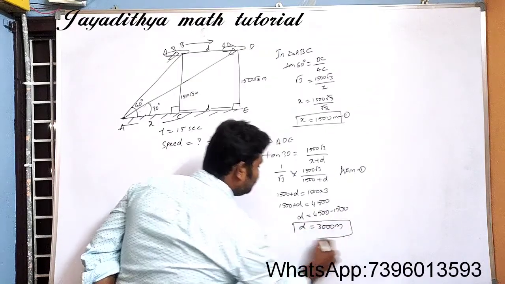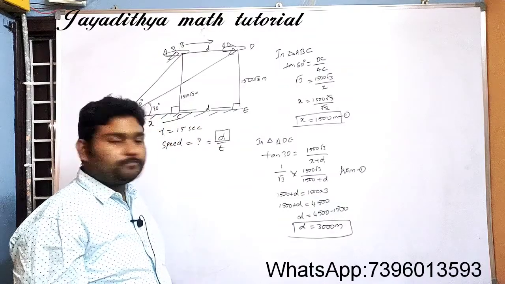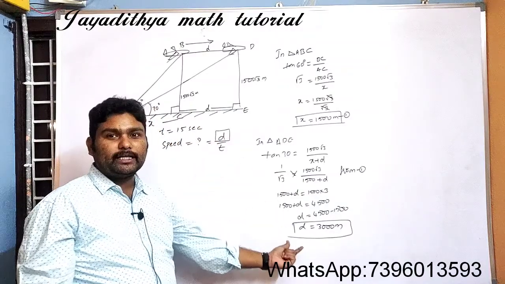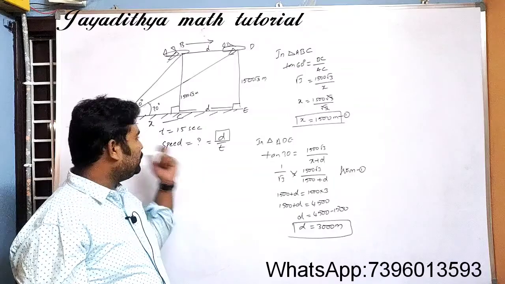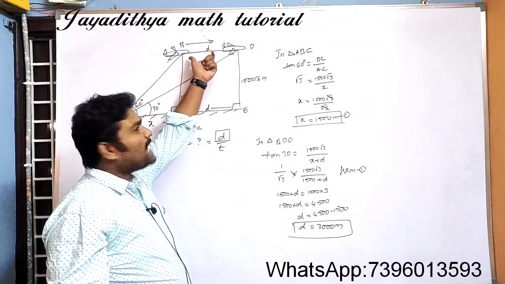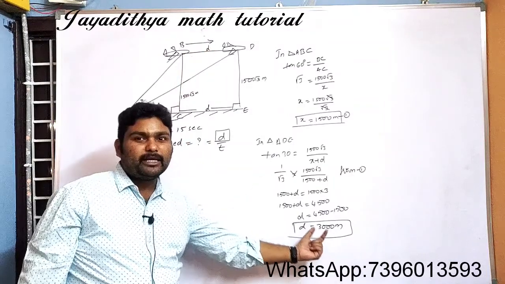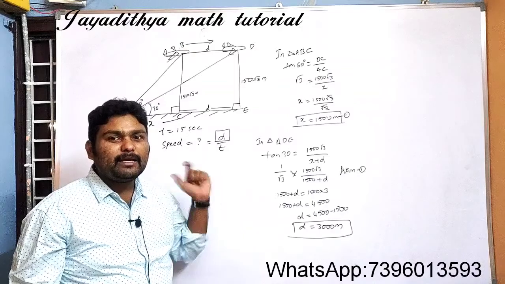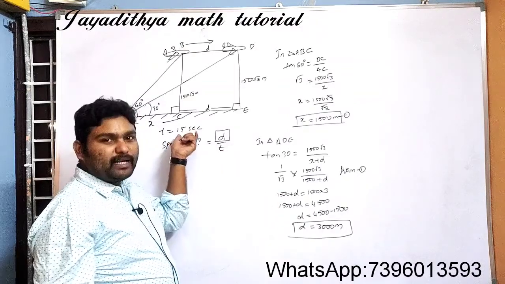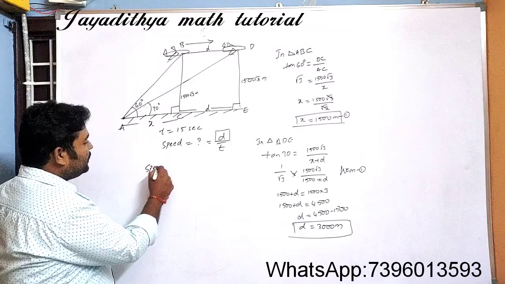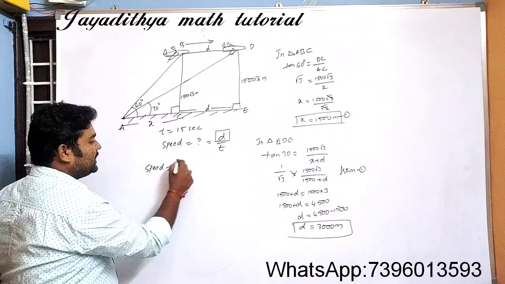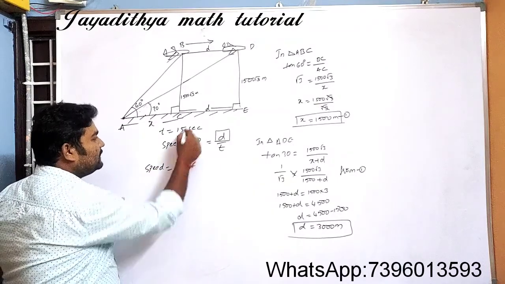D is equal to 3000 meters. We wanted D, we got it. After this, what you need to do? You need to find the speed. So the distance traveled by the plane is 3000 meters, and in how much time did it travel? It traveled in 15 seconds. So the speed of the plane is equal to the distance, that is 3000, by time.